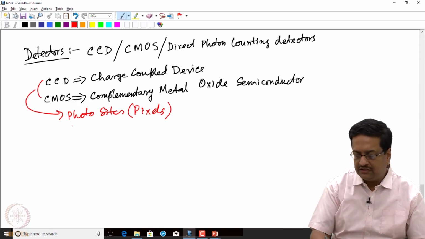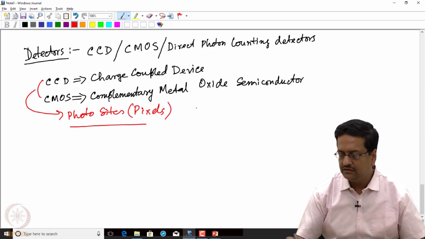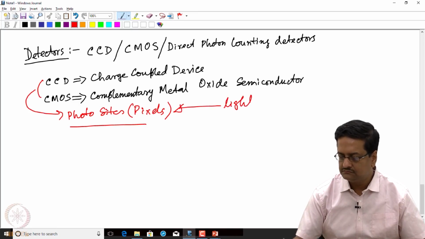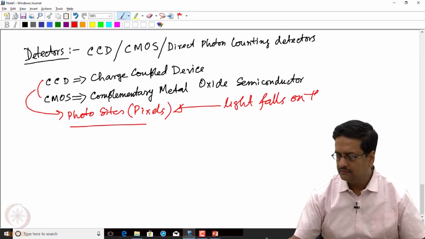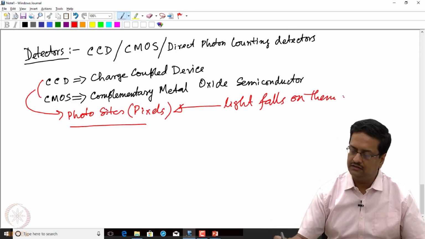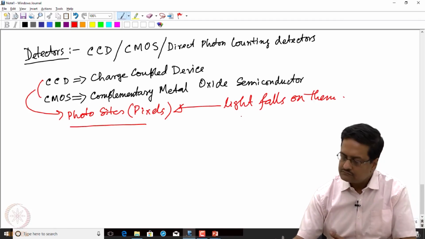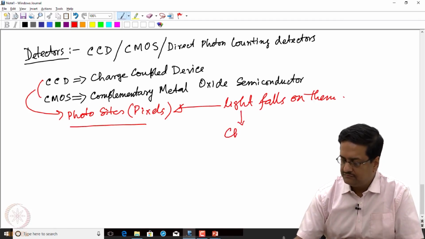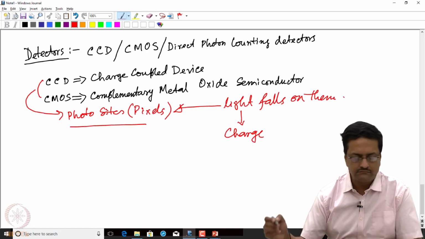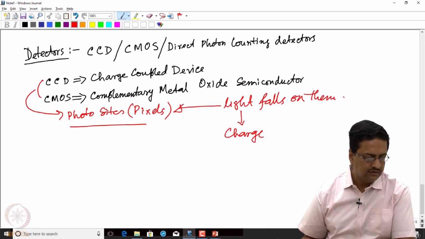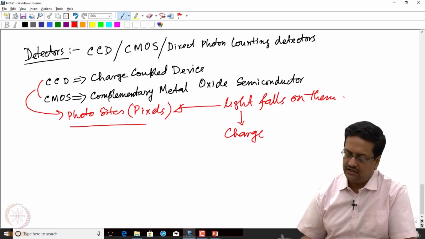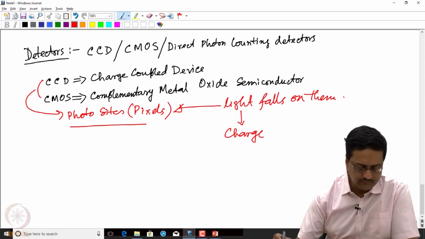What both the detectors do is that when light falls on them, they convert this light into charge, and then the charge is converted to voltage.